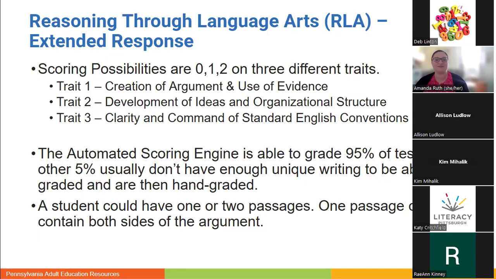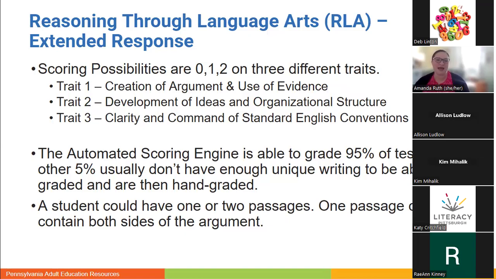And so because of that, they are then hand graded. So oftentimes there will be an essay that's graded with the automated scoring engine, but then it does go through a hand grading as well if it was on the edge. But most of the essays are able to be graded with that automatic tool.